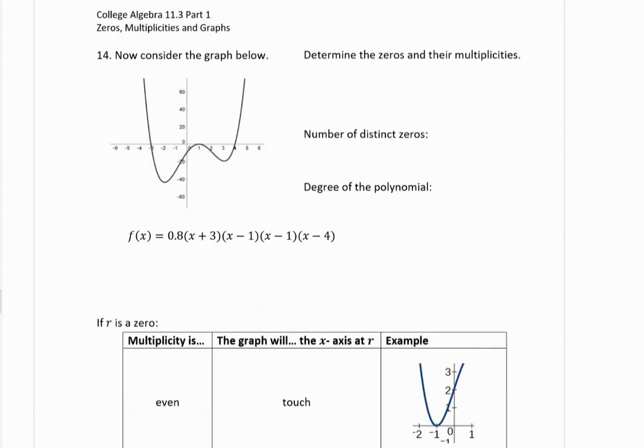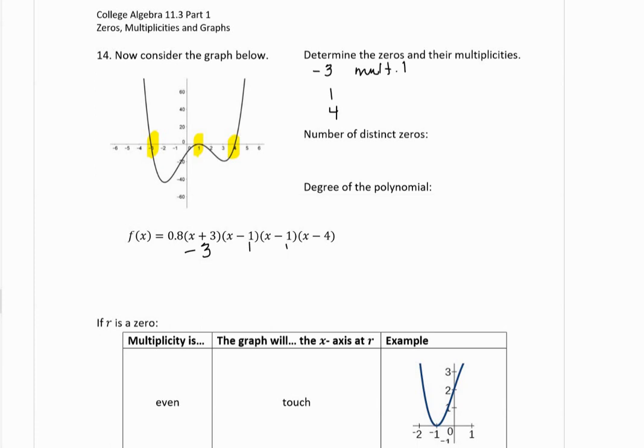Problem 14. Consider the graph below. Determine the zeros and their multiplicities. The zeros are where my graph crosses the x-axis, so at -3, +1, and +4. And I also want to find their multiplicities. Well, here's my equation down here. My multiplicity of -3 is 1.